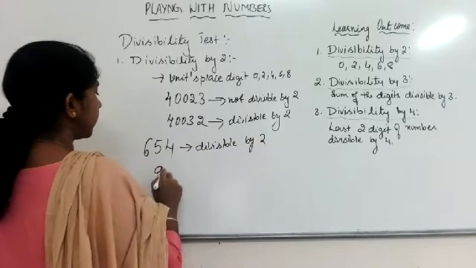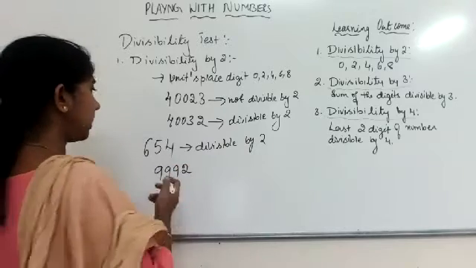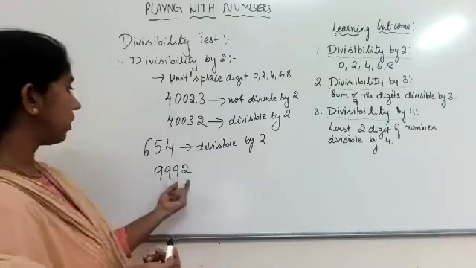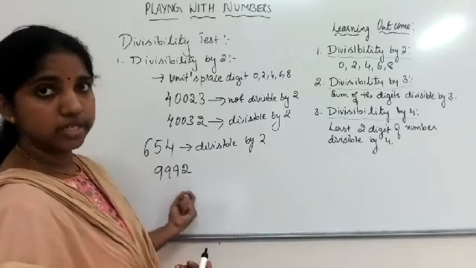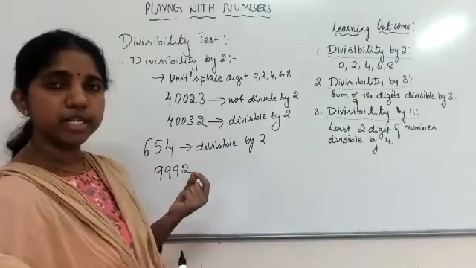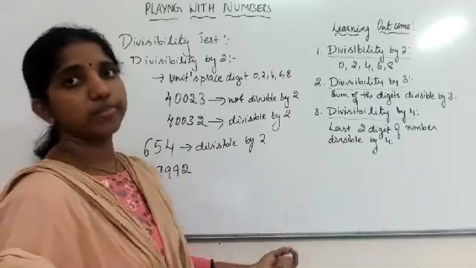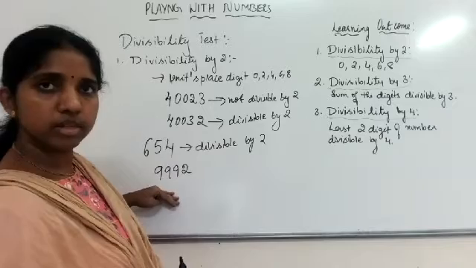Next is 9,992. Don't look at the other digits; we are just looking at the units place digit. If it is even, we need not check the other digits.